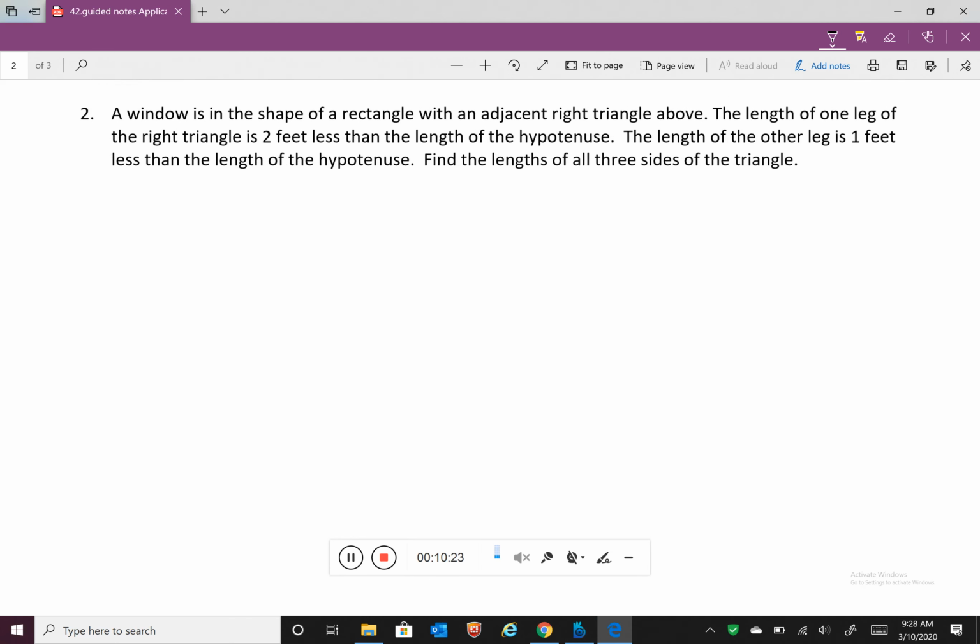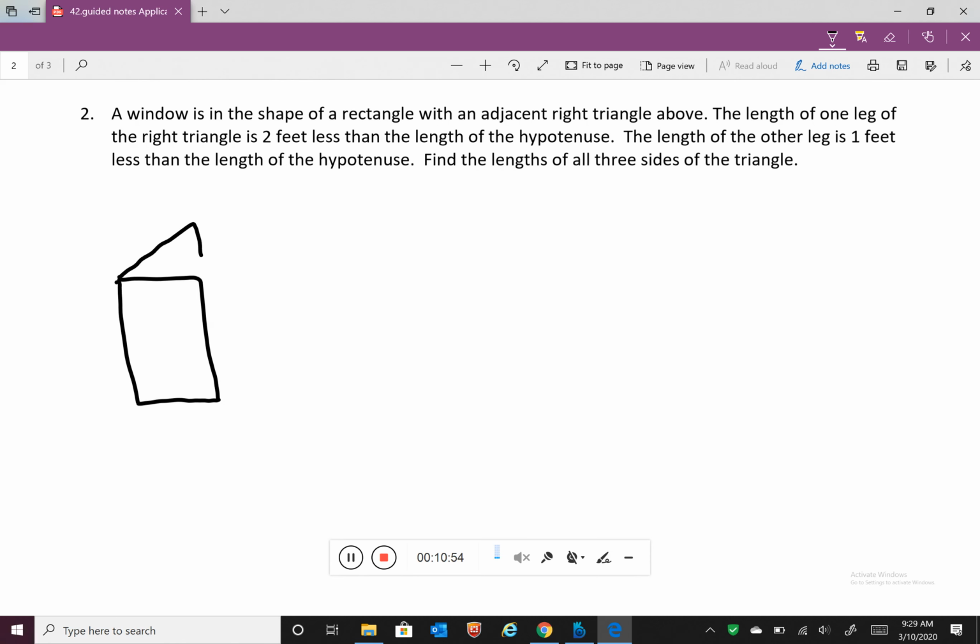Example number 2. We're going to make sure we draw a diagram for this so that we understand what's going on here. So a window is in the shape of a rectangle with an adjacent right triangle above it. So we have a window that is in the shape of a rectangle with an adjacent, which means right next to it, right triangle above.